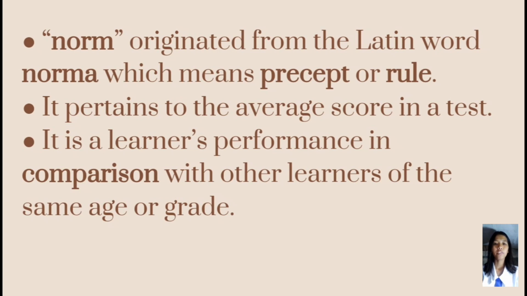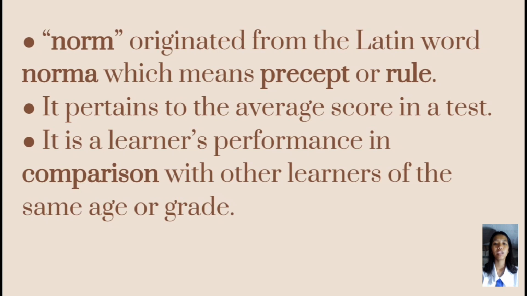Apart from the school average norm, there are other types of norms that can be reported: international, national, and local norm groups, and special norm groups, such as students who are visually impaired. So, norm reference interpretations explain a learner's performance in comparison with other learners of the same age or grade.